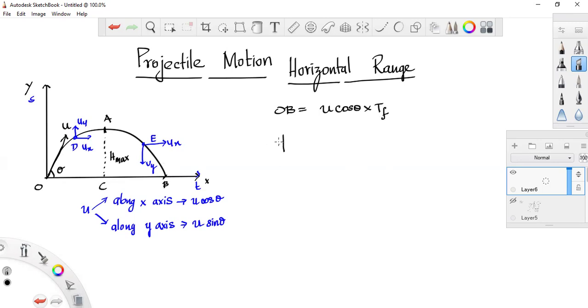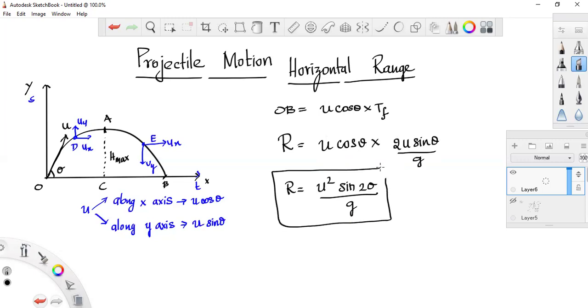So this is the range R, which is equal to u cos theta times 2u sin theta by g. Now range R is equal to u square, 2 sin theta cos theta, which by the trigonometric identity is sin 2 theta, by g. This gives you the formula for range, because sin 2 theta equals 2 sin theta cos theta.